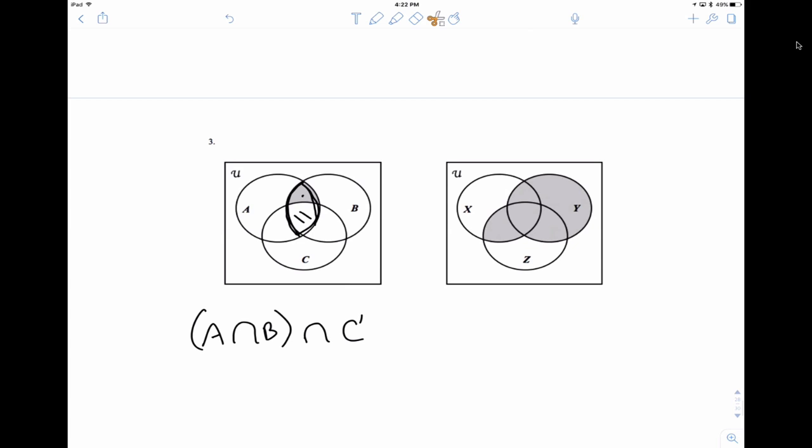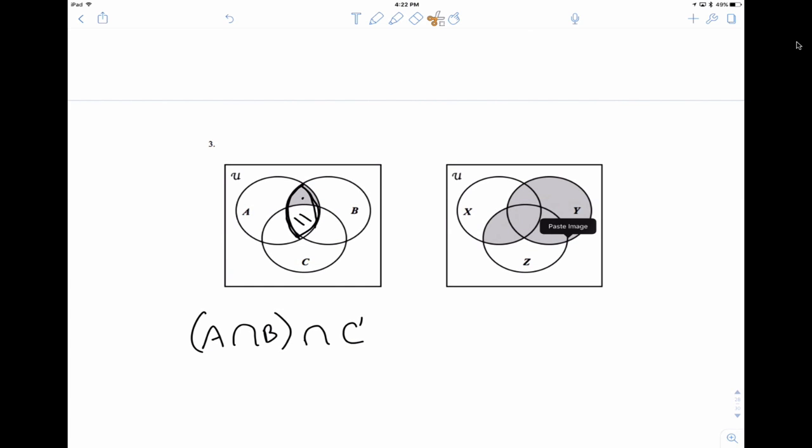In this one, what do we see over here? Y union, so with all of Y, we also have this. What's this?